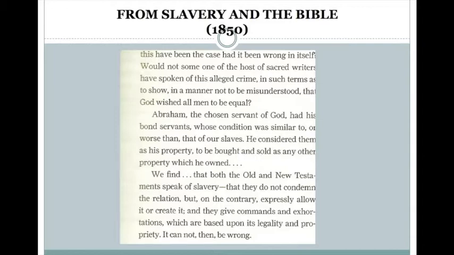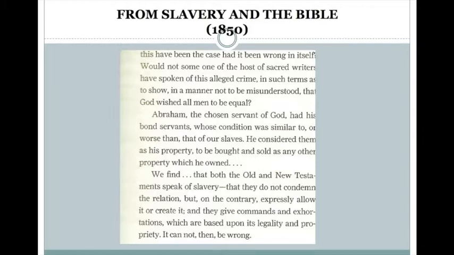White Southerners declared themselves the true heirs of the American Revolution. So these pro-slavery arguments began to repudiate the ideas found in the Declaration of Independence that equality and freedom were universal entitlements. Because slavery goes against the Declaration of Independence, this idea that all men are created equal.